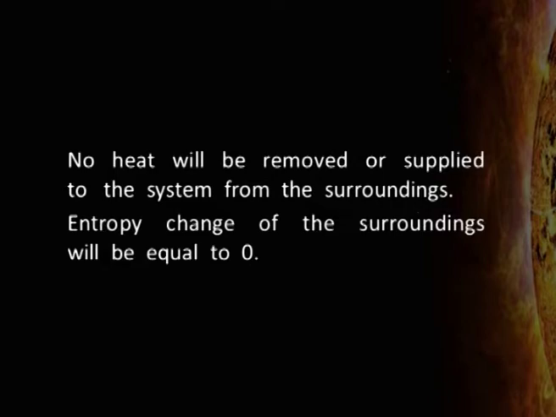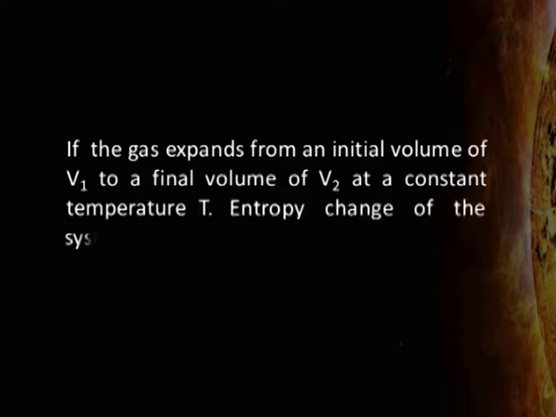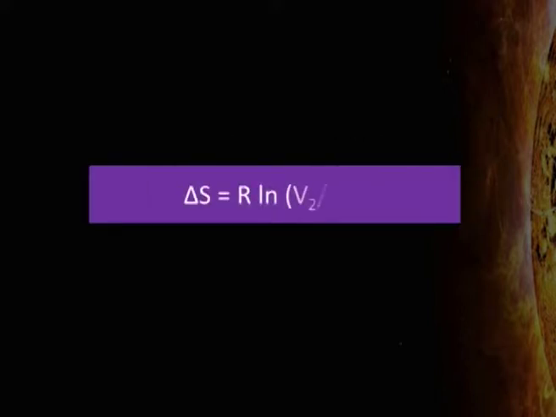You also know that entropy is a state function, that is, it depends only on the state of the system, of pressure, temperature and volume. If the gas expands from an initial volume of V1 to a final volume of V2 at a constant temperature T, then the entropy change of the system will be given by the equation delta S equals R natural log V2 divided by V1.